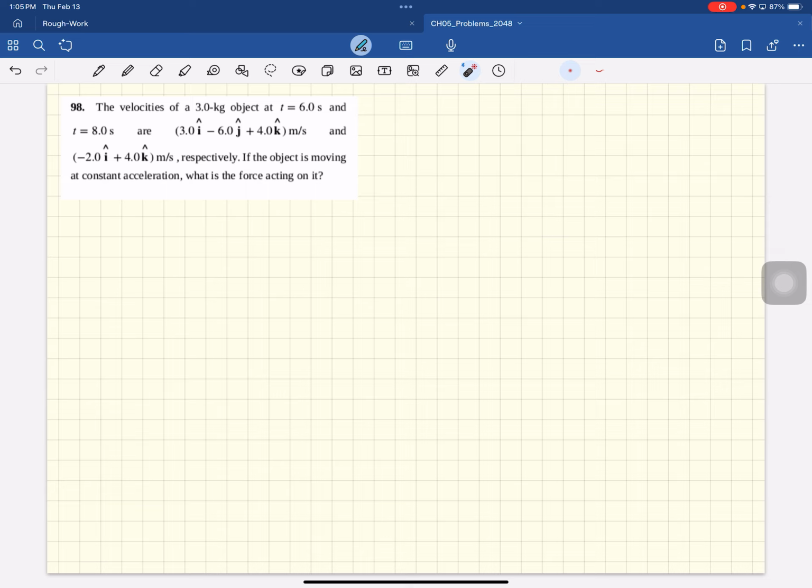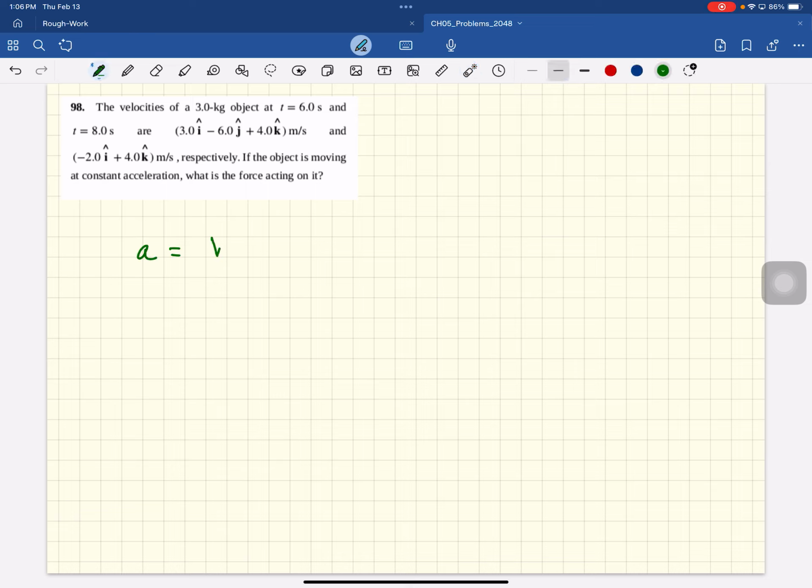All right, so this problem says the velocity of a 3 kg object at t equal to 6 seconds and t equal to 8 seconds are given, so there's the initial velocity and the final velocity. If the object is moving with constant acceleration, what is the force acting on it? Let's first find the acceleration.